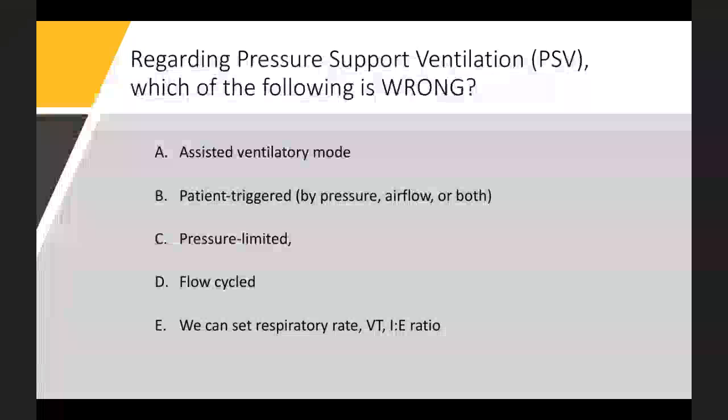So regarding pressure support ventilation, which of the following is wrong? I think this is the last question. Yes, this is the last question, and the response again is everywhere.